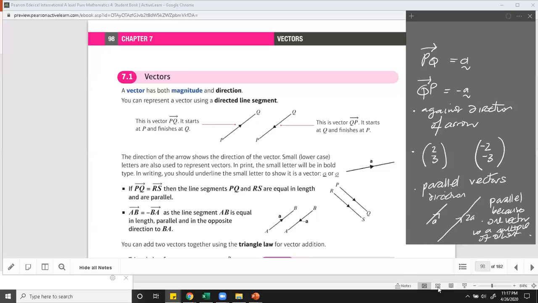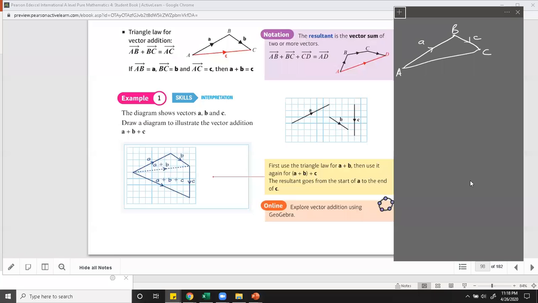Let's pause that a moment and move on. So we're looking at this diagram here now, which I've drawn on here. We know that the vector AB is equal to A, and we know the vector BC is equal to, actually that should be B, but we don't know AC.